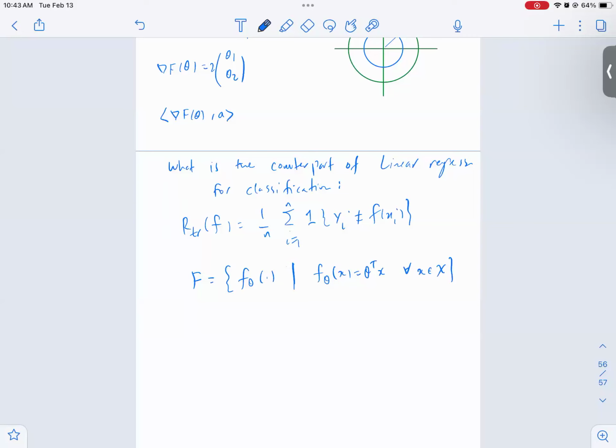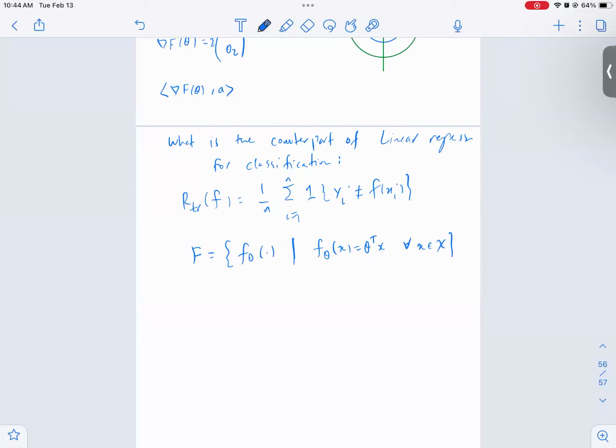If you remember, our optimal solution f star was something like 1 if eta of x is bigger than 1/2, 0 if eta of x is less than 1/2. And at the boundary, it doesn't matter. If you did the exercise, you can define it whatever you want at the boundary.